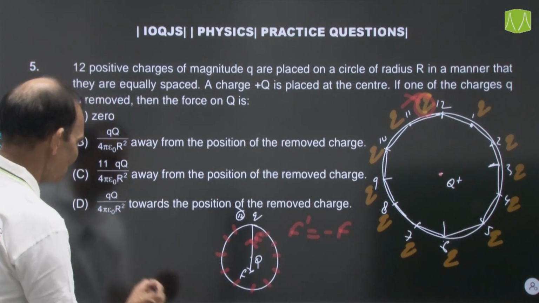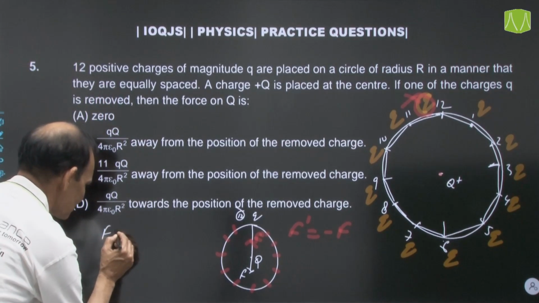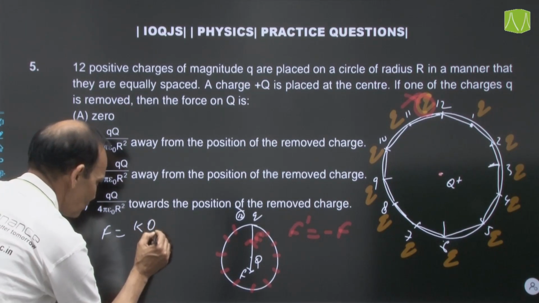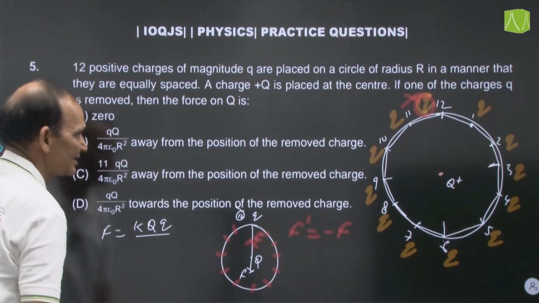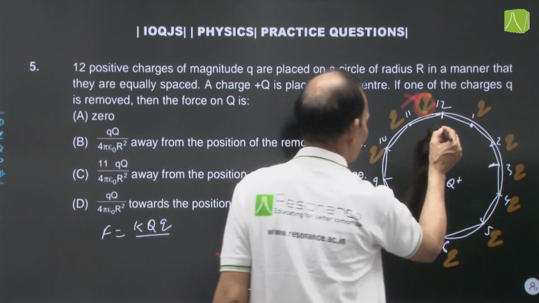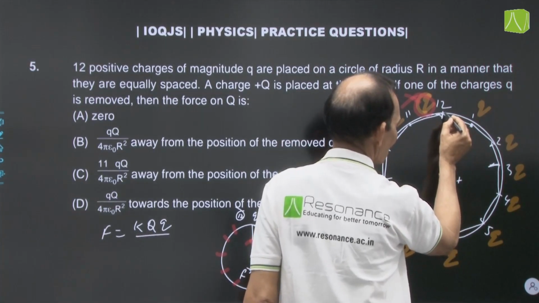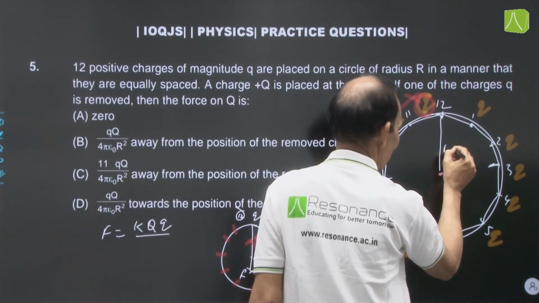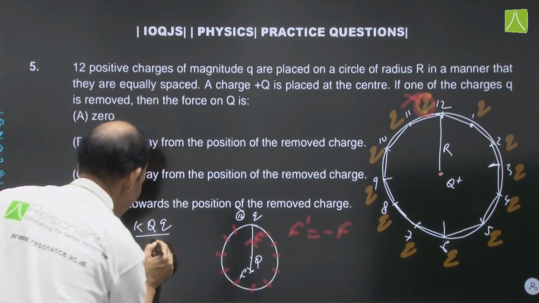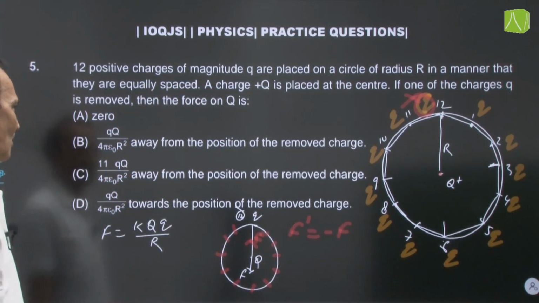So what is the force? F will be equal to K q Q divided by distance squared. This distance is given. How much? All distances are given. It is capital R, the radius.